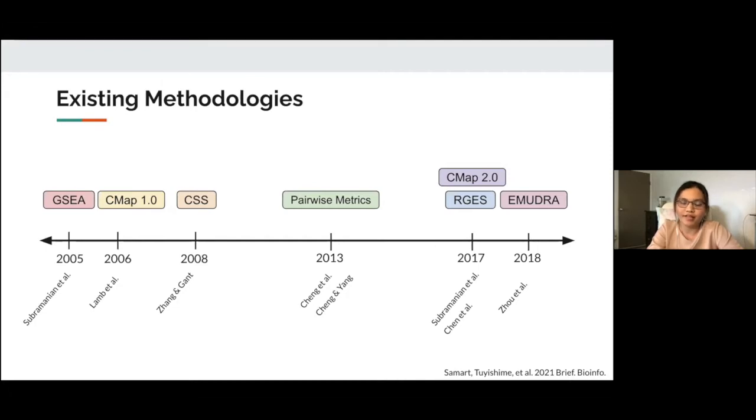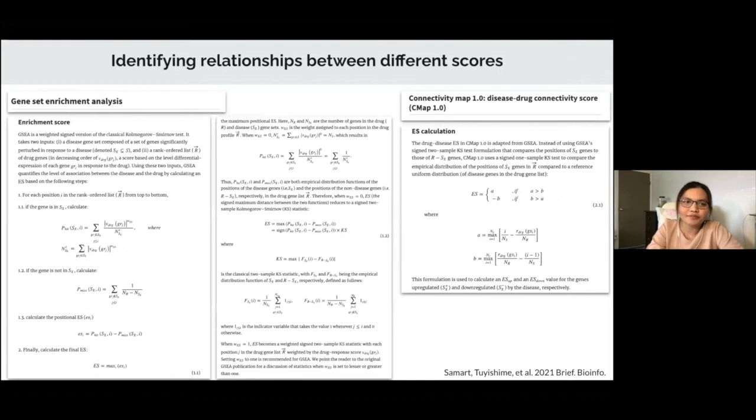But for today, I will walk you through how we can relate the popular GSEA method and the CMAP 1.0 method, with insight into the mathematical details as an example. For gene set enrichment analysis, GSEA, we found that the similarity matrix they compute uses a weighted two-sample Kolmogorov-Smirnov statistic.